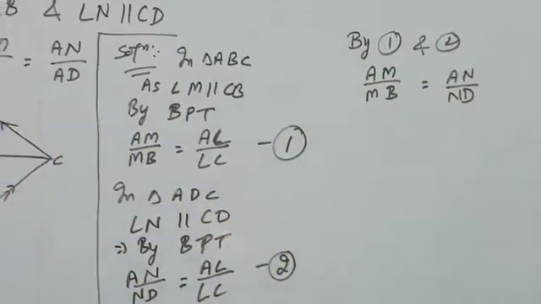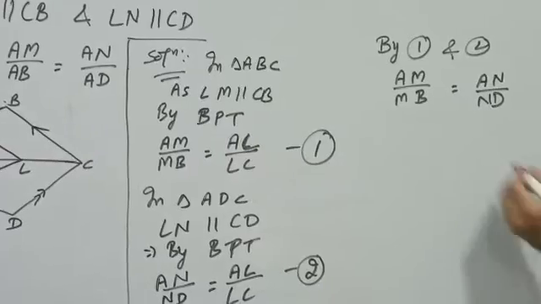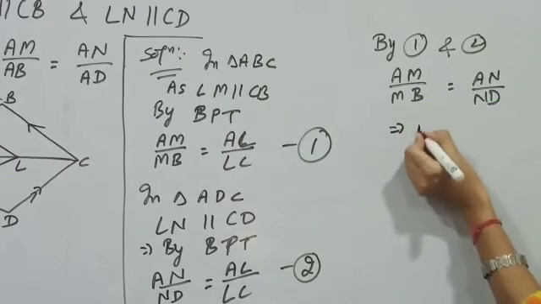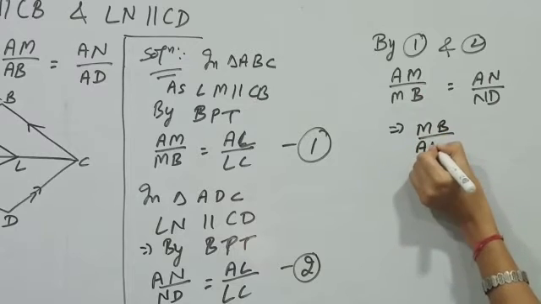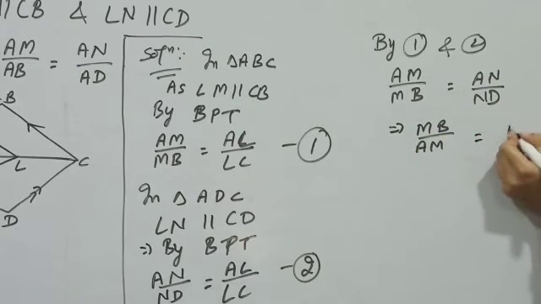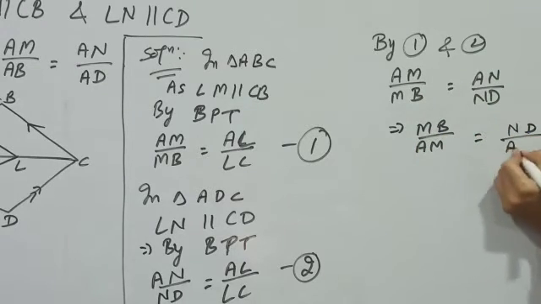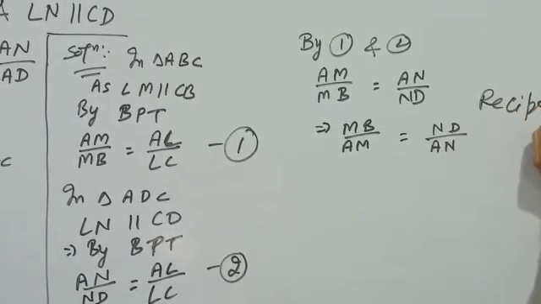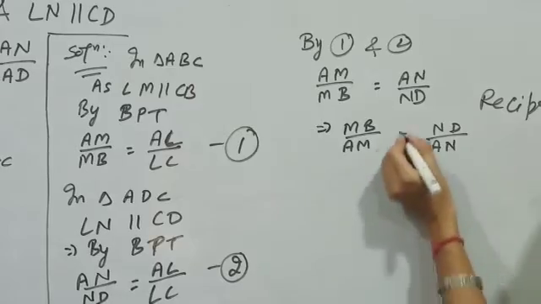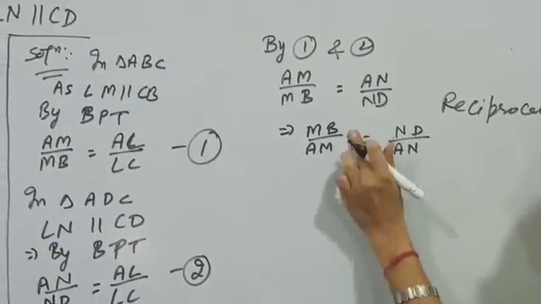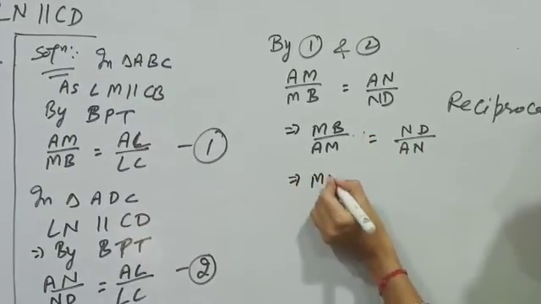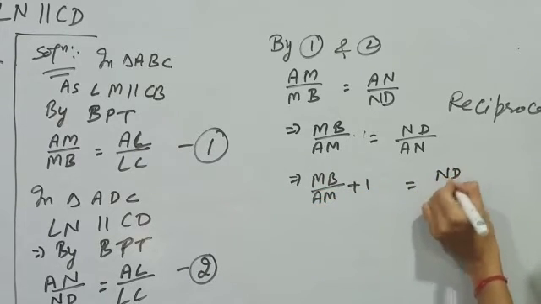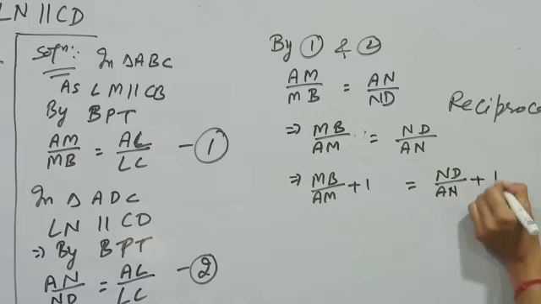So what will we do? We will take the reciprocal of them. MB upon AM on one side and ND upon AN on the other. Then we add 1 to both sides: MB upon AM plus 1 is equal to ND upon AN plus 1.